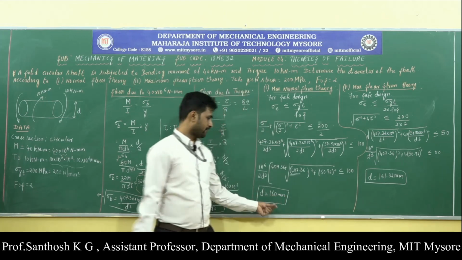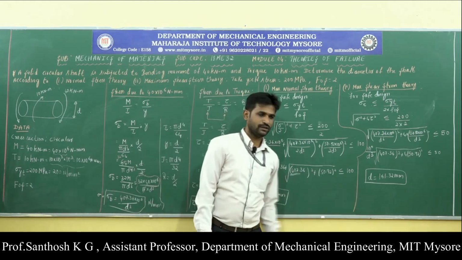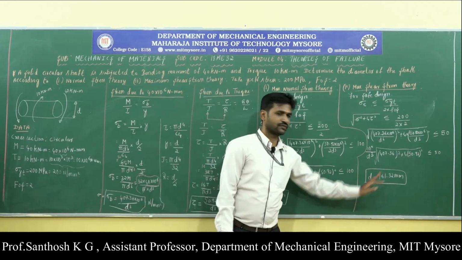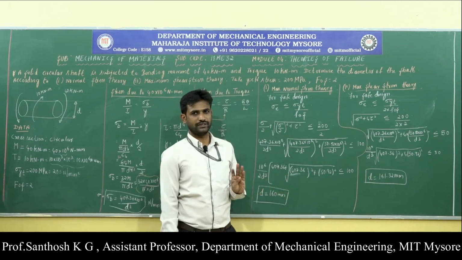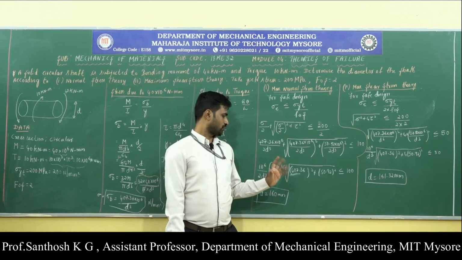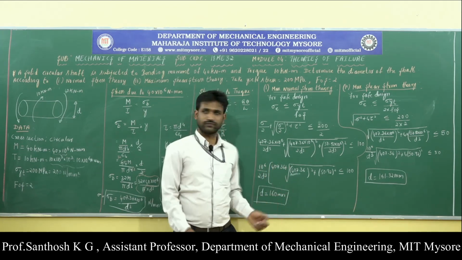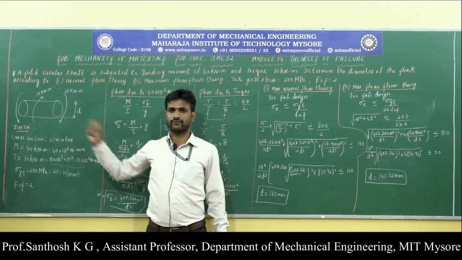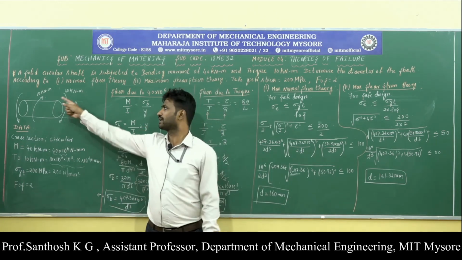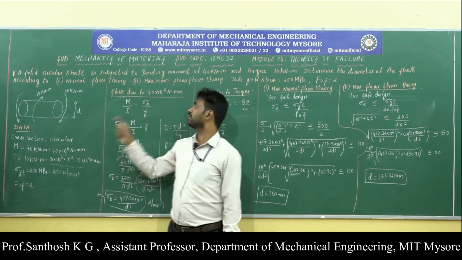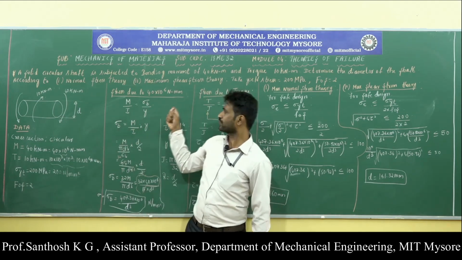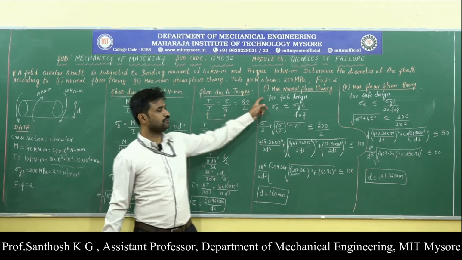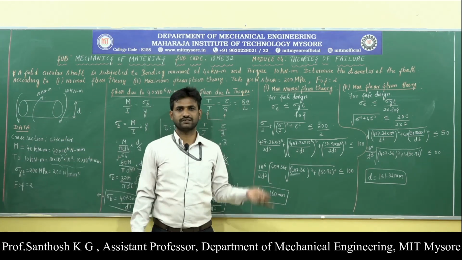So, here we are having two choices for the diameter, one is 160 millimeters and another one is 161.32 millimeters. If I choose the diameter of the shaft as 160 millimeters, then this shaft will be safe under the action of these two loads according to the maximum normal stress theory.